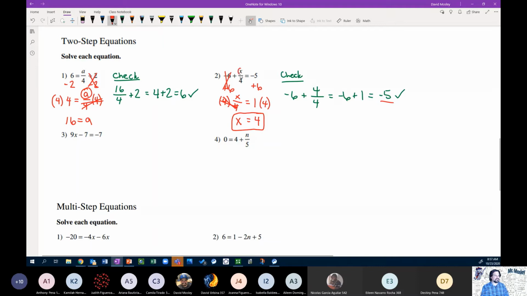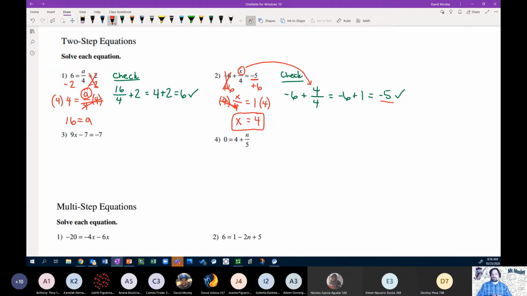This x here gets replaced with 4 in my checking of the work, okay? And then I just do the math and make sure I get the -5 that it was supposed to be equal to as my result. So that's what the check is doing.